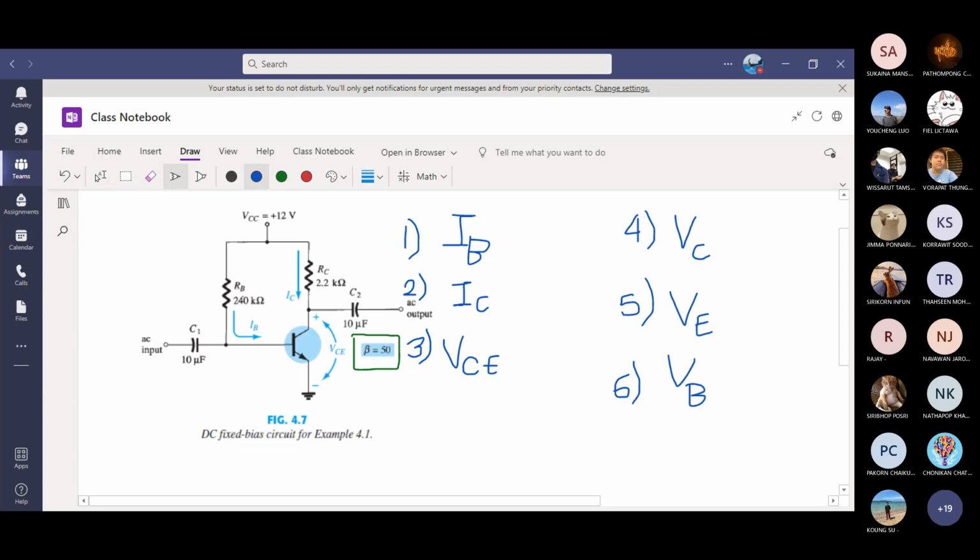In the exam, a formula sheet is given, so you don't have to worry much about that. This is chapter 4, example 4.1.